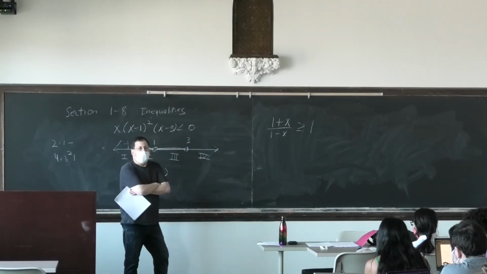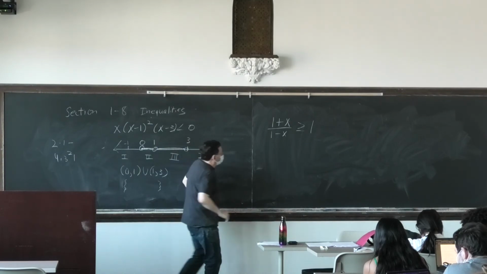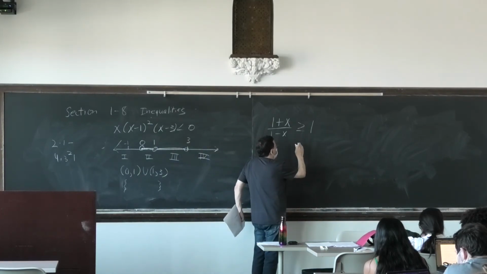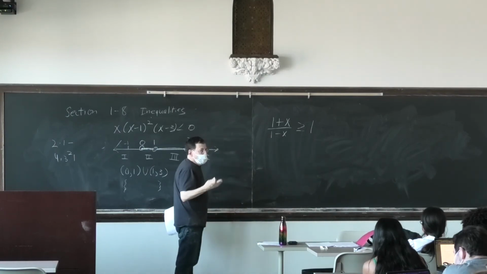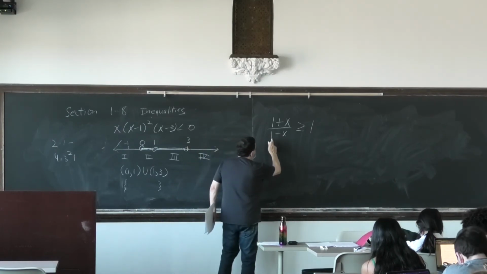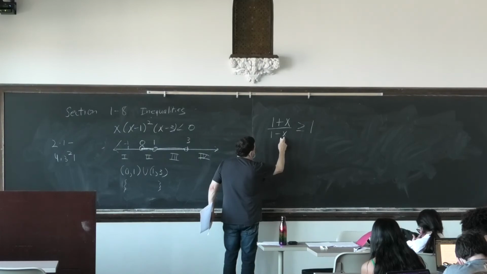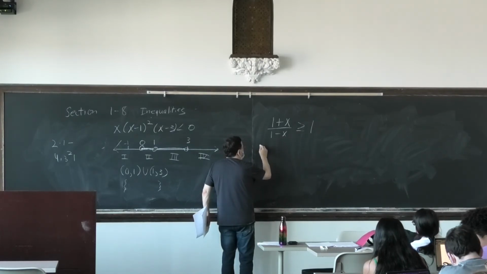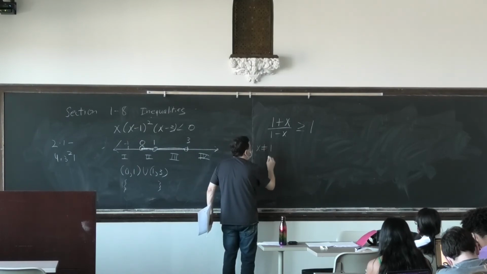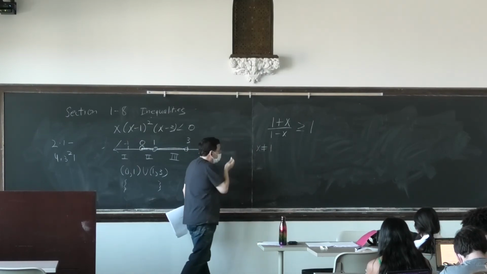How are we going to deal with that? Well, if this was an equality, it would be pretty simple, right? We multiply through by 1 minus x, taking note of the fact that because 1 minus x at 1 is 0, it's undefined, we could just say x is not equal to 1.